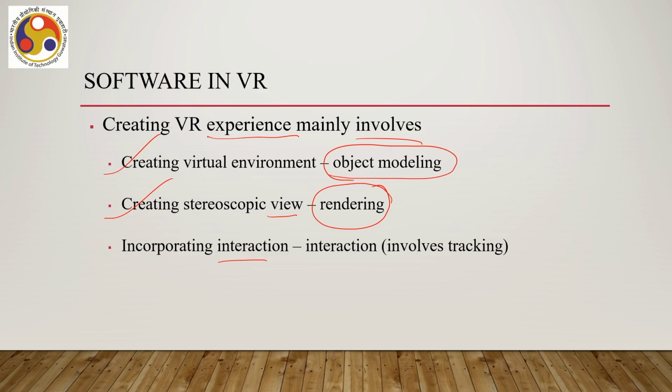And the third one is incorporating interaction. That is the interaction part of the overall experience, which involves tracking hardware. So, these 3 activities together lead to the VR experience.